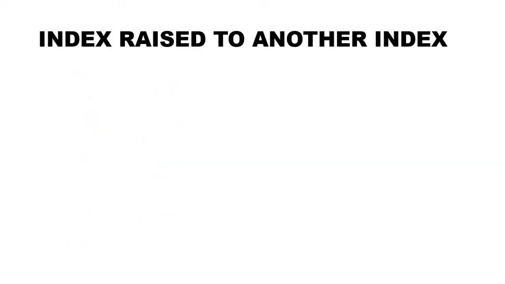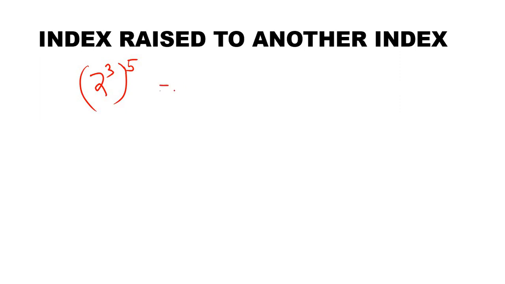Okay, we'll move over to the next. So the next is index raised to another index. Index raised to another index. For instance, you have 2 raised to power 3, and it's also raised to power 5. How do we get this simplified? You simply multiply the powers.